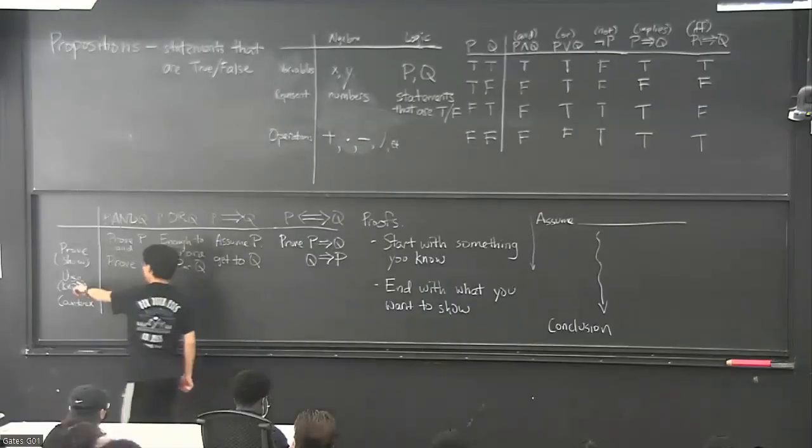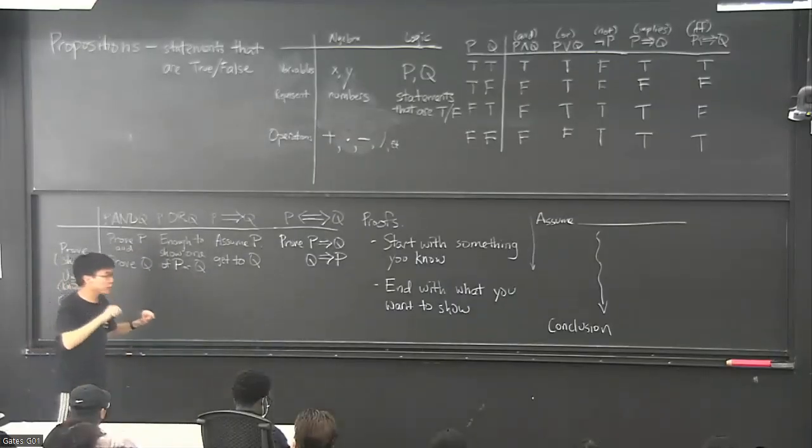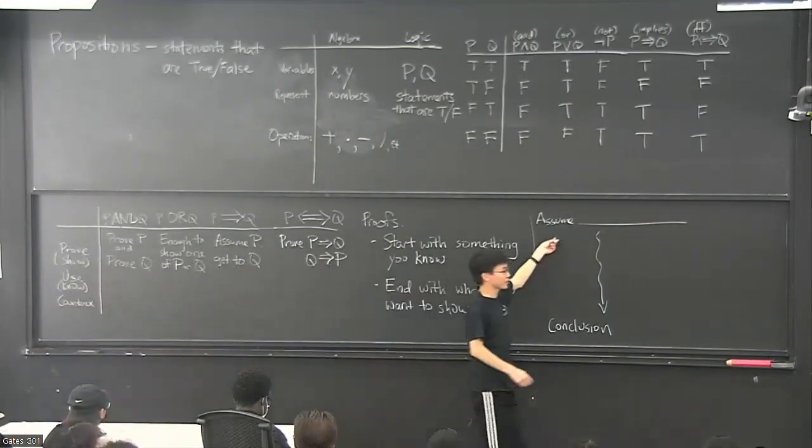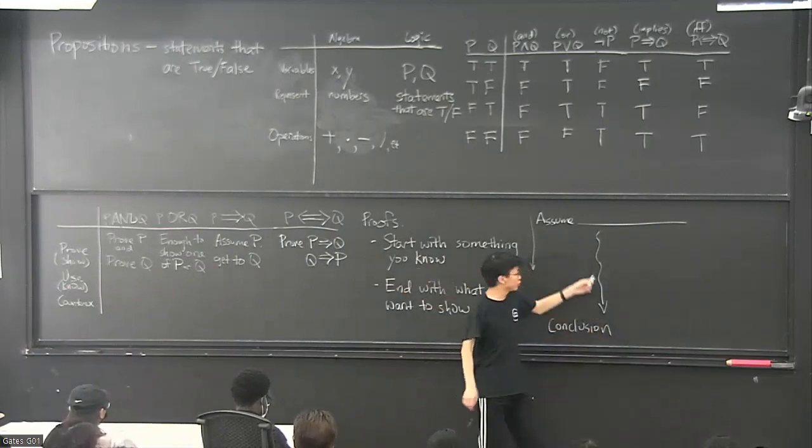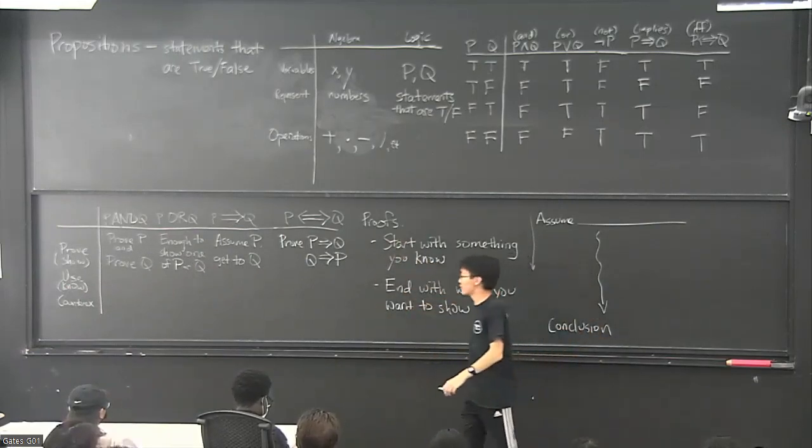In this row, the use row, this is saying what happens if you already know something that's an AND statement, or know something that's an OR statement.